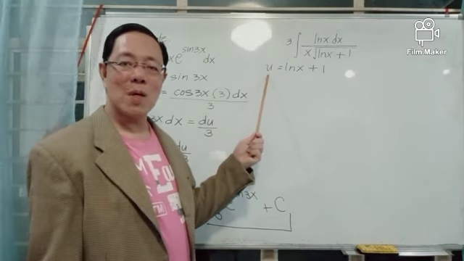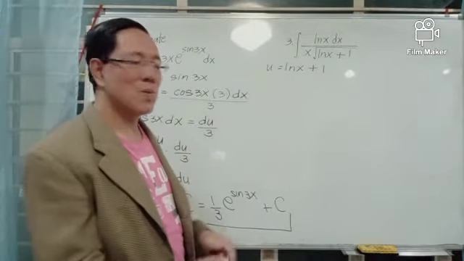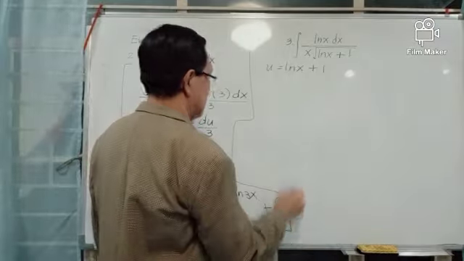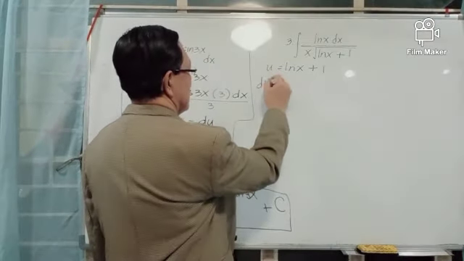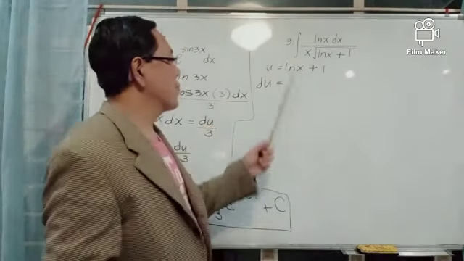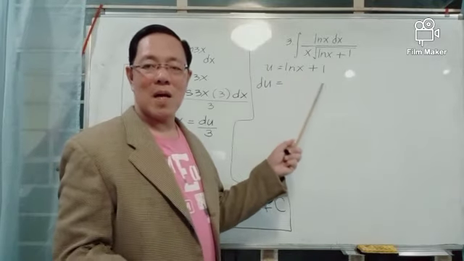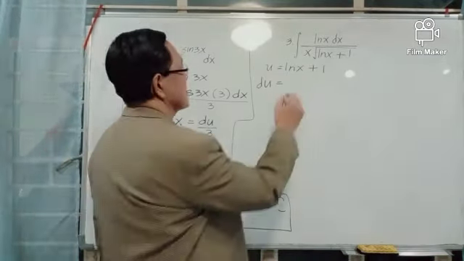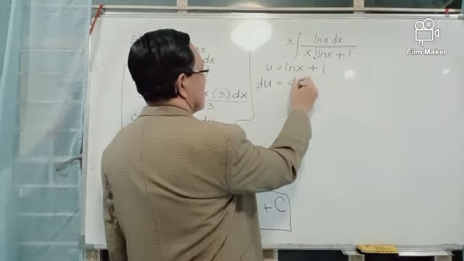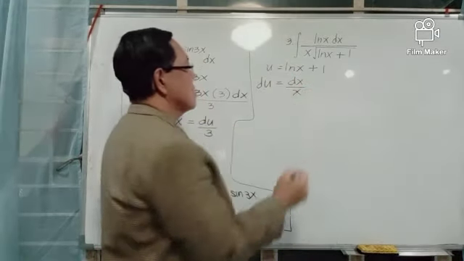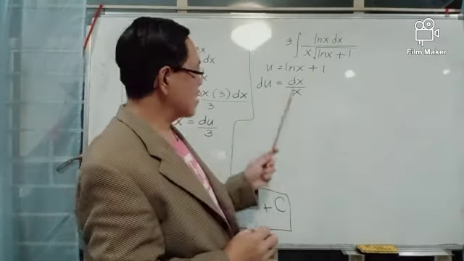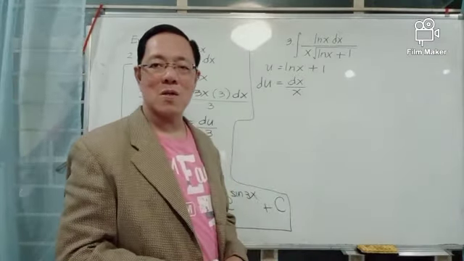Multiply by du. 1 times du is du. Is equal to derivative of ln of x is 1 over x. Multiply by dx. We have dx over x. And derivative of 1 is 0. Dx over x plus 0 is dx over x.